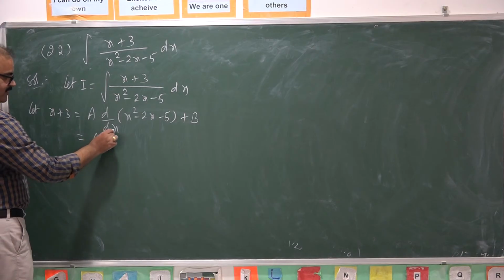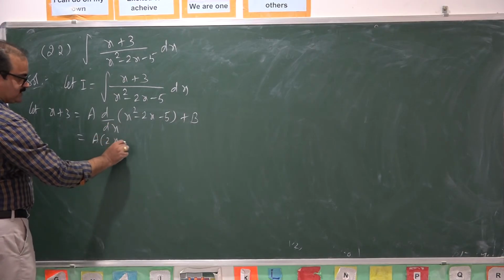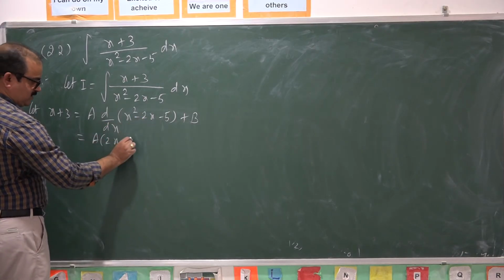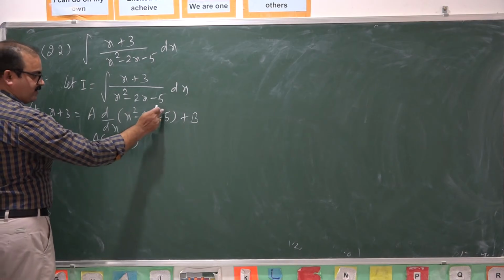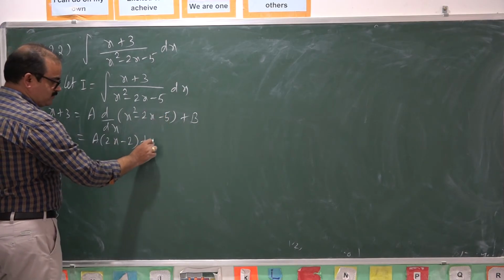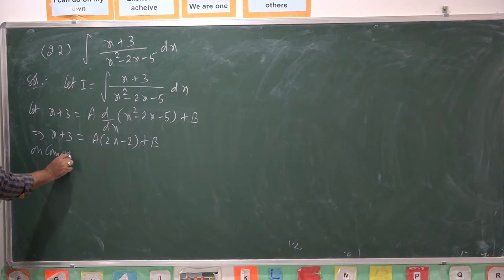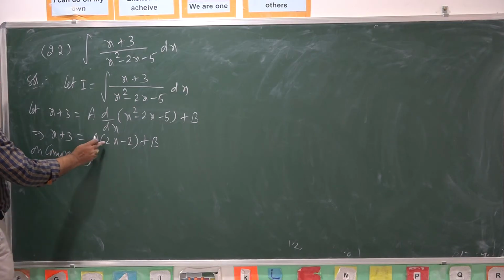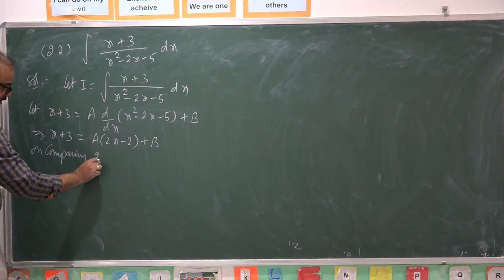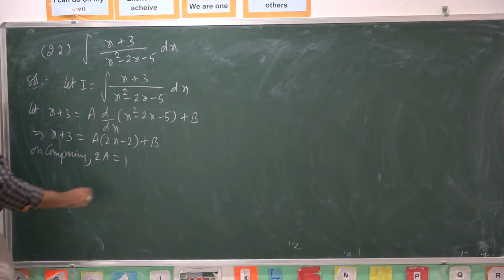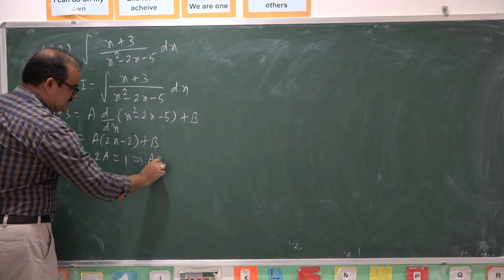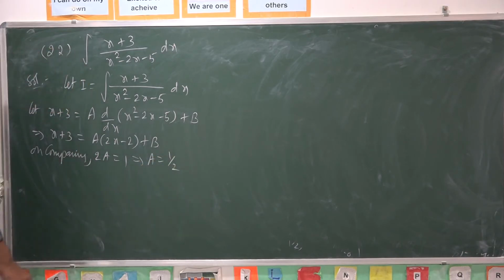A into d by dx of (x² − 2x), d by dx of x is 1, so minus 2 into 1, derivative of constant is 0, plus b. Now on comparing the coefficients, coefficient of x: 2a is equal to 1. From this a is equal to 1 by 2.